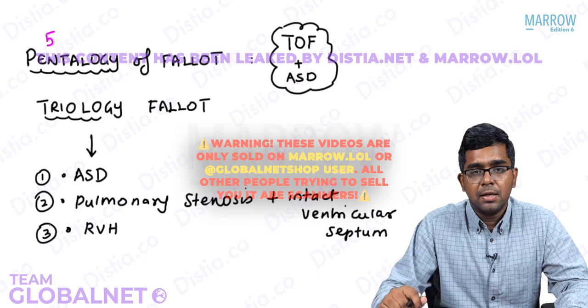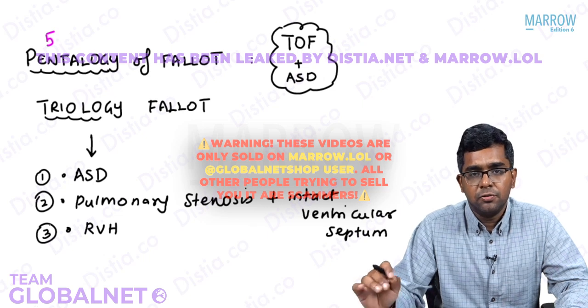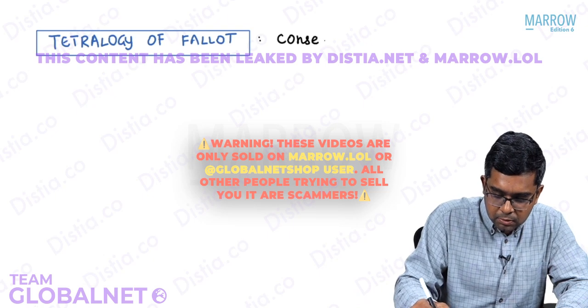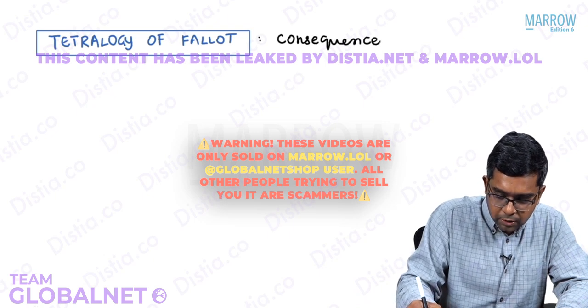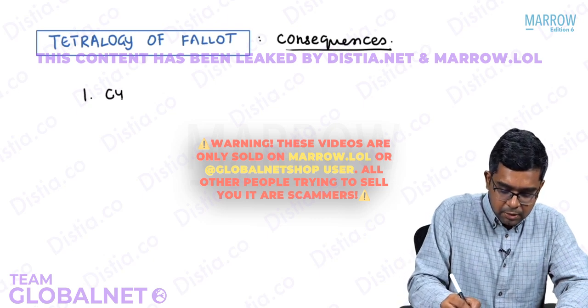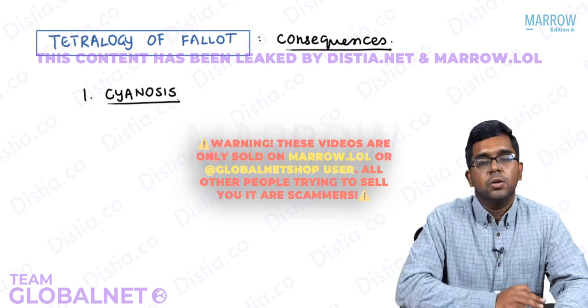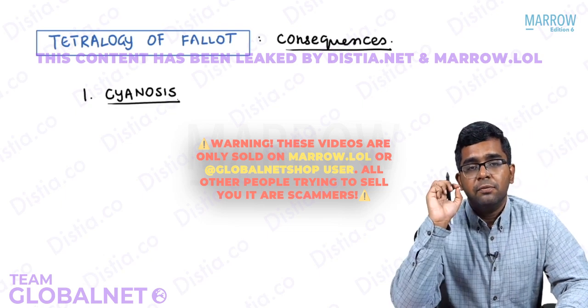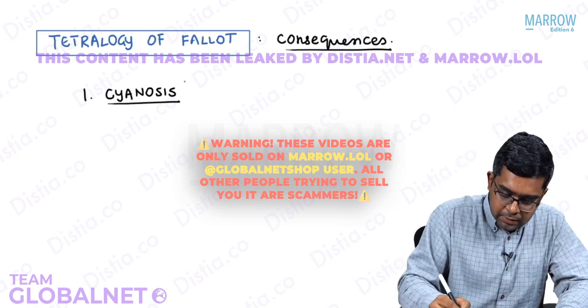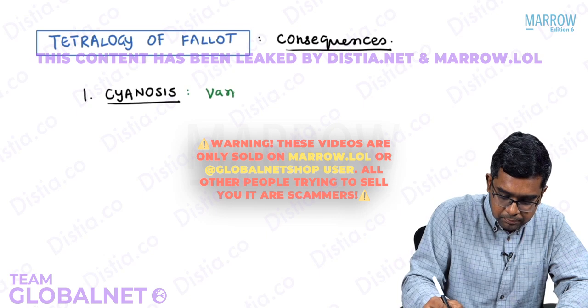Now let us focus back our discussion on tetralogy of Fallot. Let us see what are the consequences of tetralogy of Fallot. First feature is obviously cyanosis, and I have told you the reason for cyanosis as well. Okay. Now the main question is, when do these children develop cyanosis? Remember, it is very, very variable. Why?